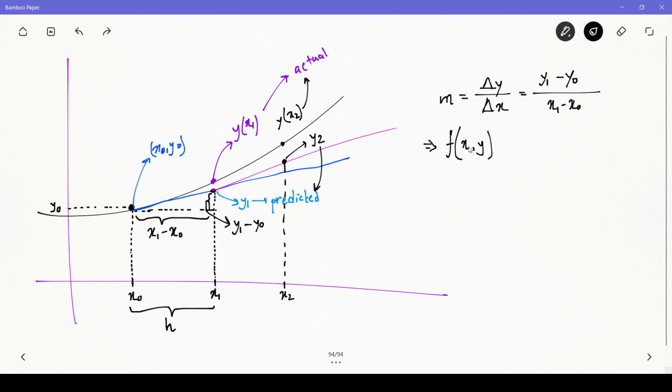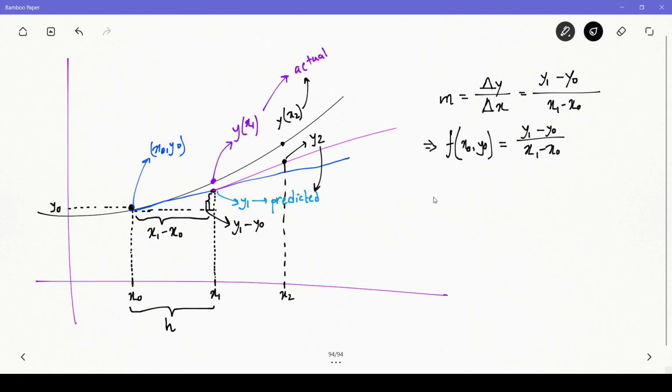So we can plug in those values. The bivariate function's functional value at x0 and y0 is my slope at that point, which basically denotes that blue line over here, right? So this value is equal to y1 minus y0 divided by x1 minus x0.